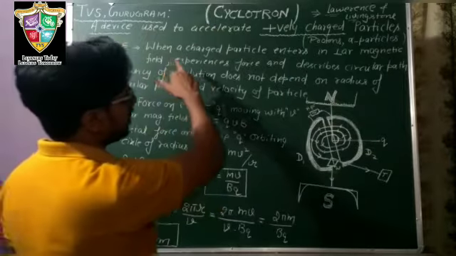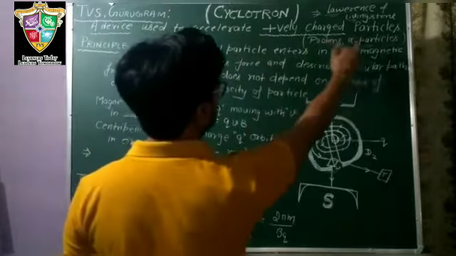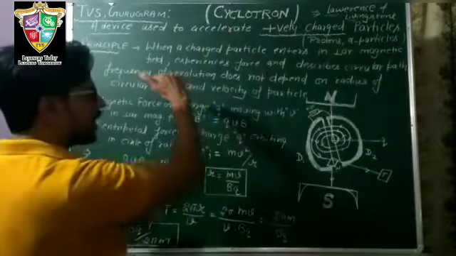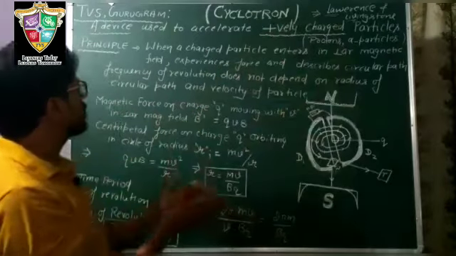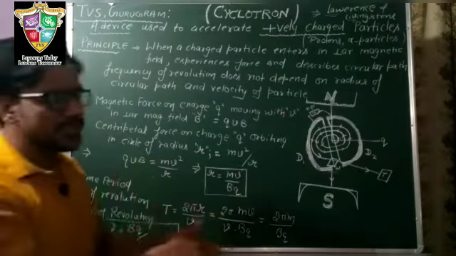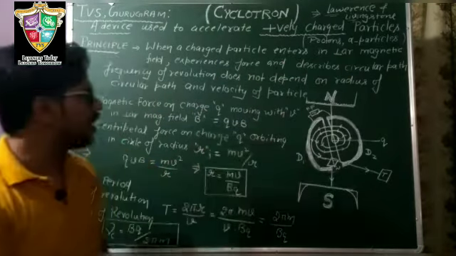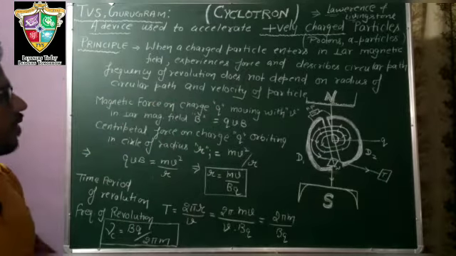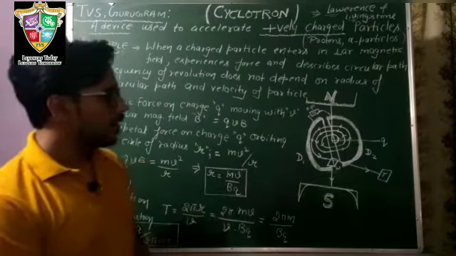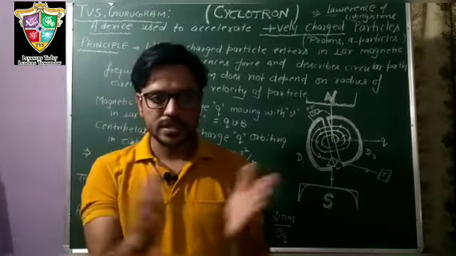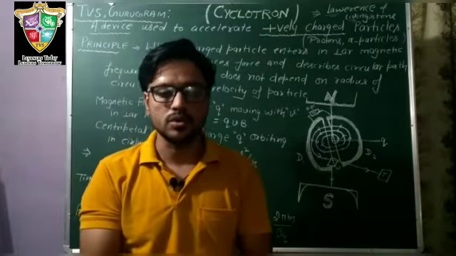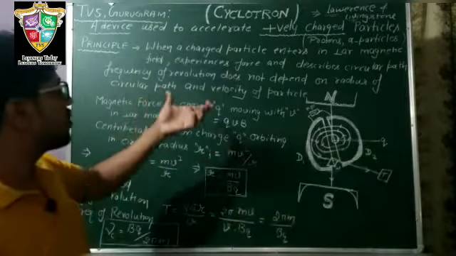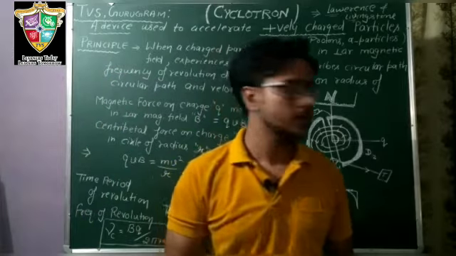The charged particle describes a circular path, and the frequency of revolution does not depend on the radius of the circular path or the velocity of the particle. How? And what is the construction of this cyclotron, and how does this principle match with its structure?